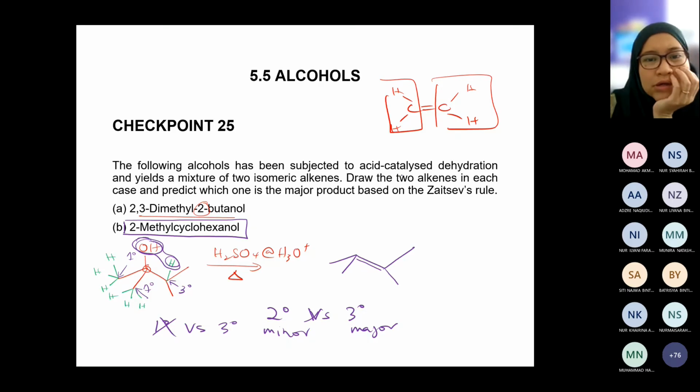Draw. Okay. Has been subject to draw the 2 alkenes in each case. Pretty which one is the major product based on the CHM rule? Kalau dia go for primary just now, this will be the major kan? The other one will be here.